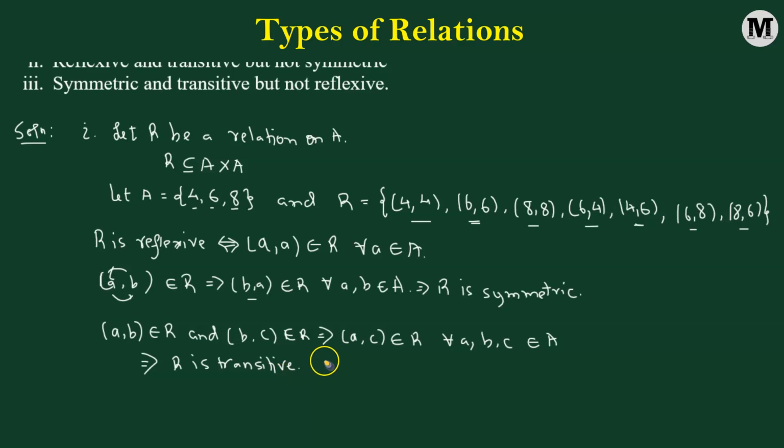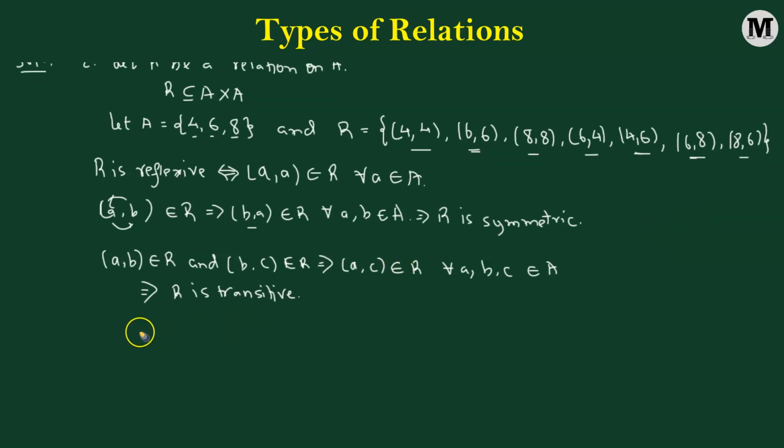Now for our case, if we pick up the elements (4, 6) and (6, 8), so let's pick these two. (4, 6) belongs to the relation R and (6, 8) belongs to the relation R. So here we are picking up these two ordered pairs in a very specific manner. The second element of the first ordered pair, which is 6, must match with the first element of the second ordered pair, that's also 6.